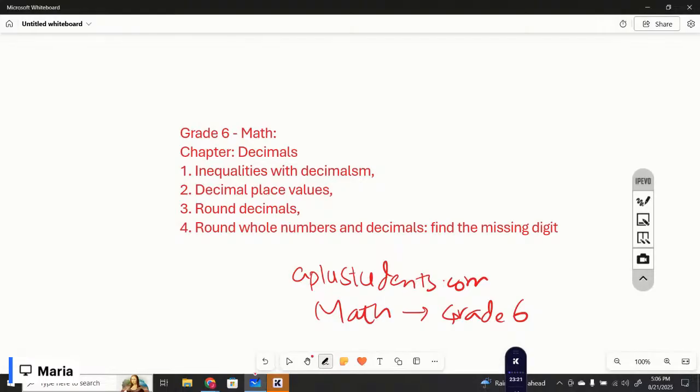We're going to start with the chapter Inequalities with Decimals, Decimal Place Values, round decimals, round whole numbers and decimals. Find the missing digit.